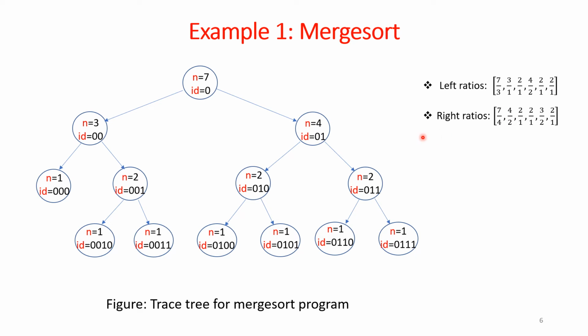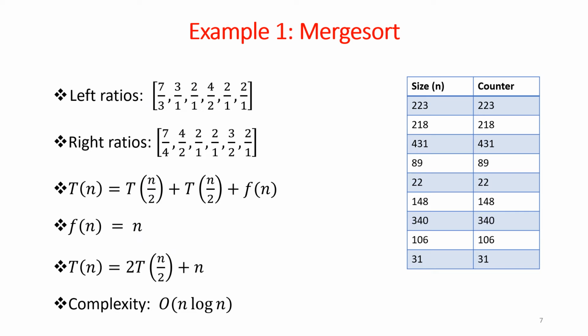The relationship between the size of input at the current node and the size of input at the right children will be 7 divided by 4, 4 divided by 2, 2 divided by 1, and so on. And this will also converge to 2.